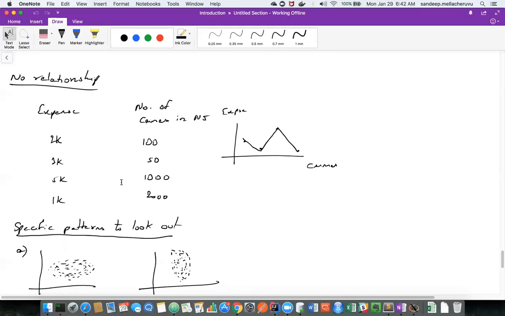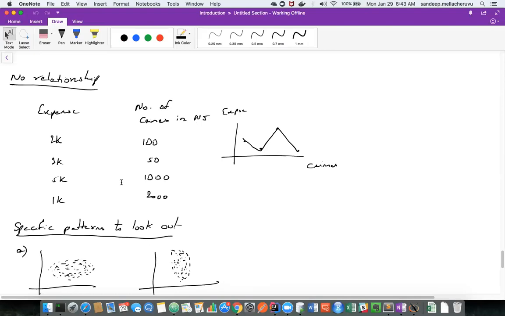And no relationship means these two variables are unrelated. When one variable is changing, the other variable will not change. I gave an example of your monthly expenses versus monthly crimes in New Jersey. How would anyone relate your expense with New Jersey crimes?